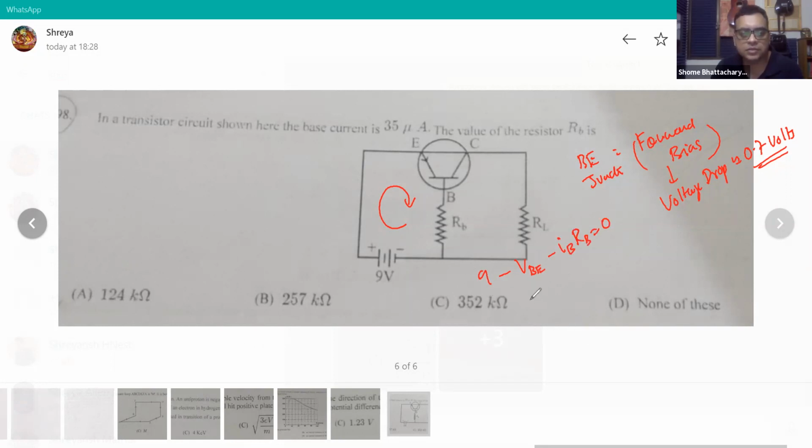This EMF minus this. Okay, so upon IB is what is given to us. This is what approximately our resistance should come out to be.